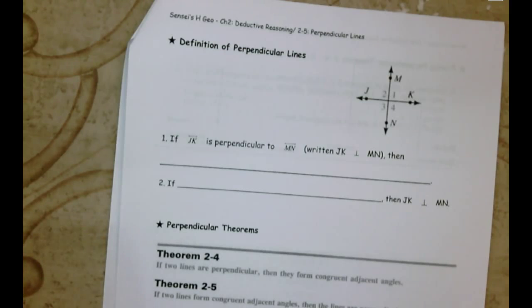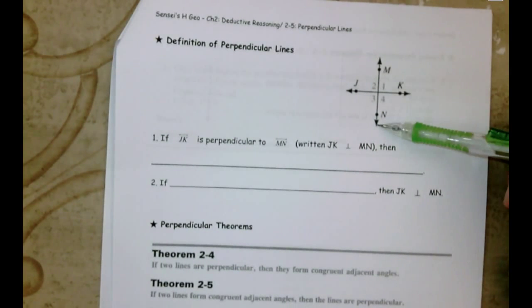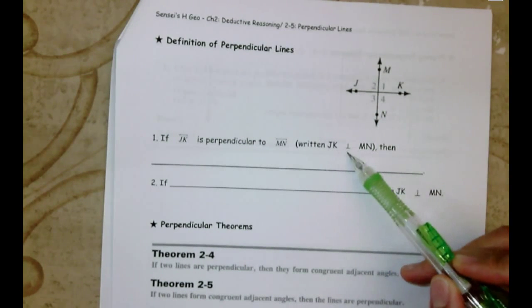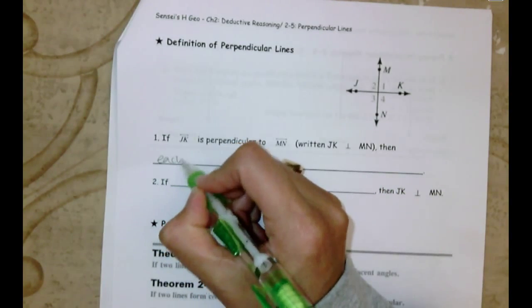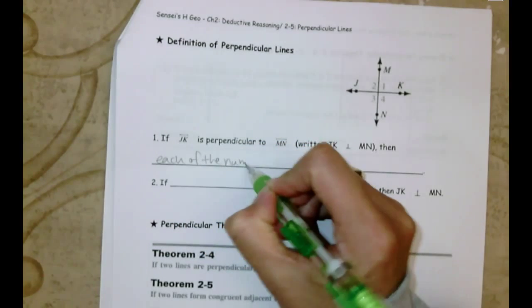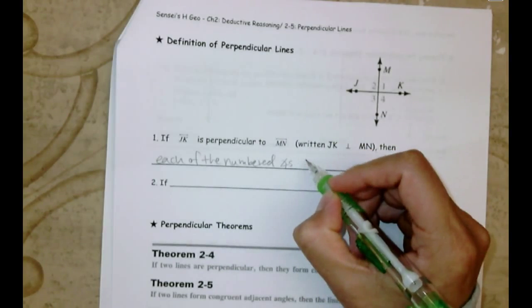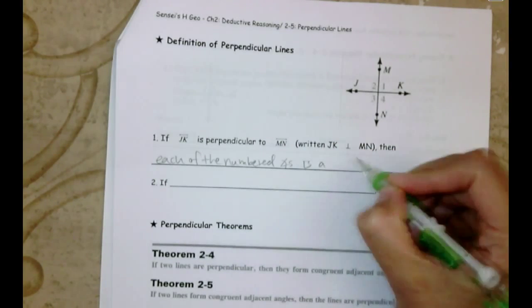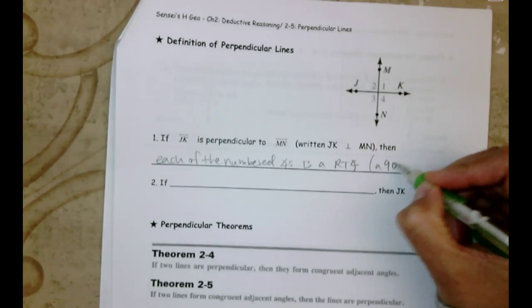If line JK is perpendicular to line MN, written JK is perpendicular to MN, then each of the numbered angles is a right angle, a 90-degree angle.